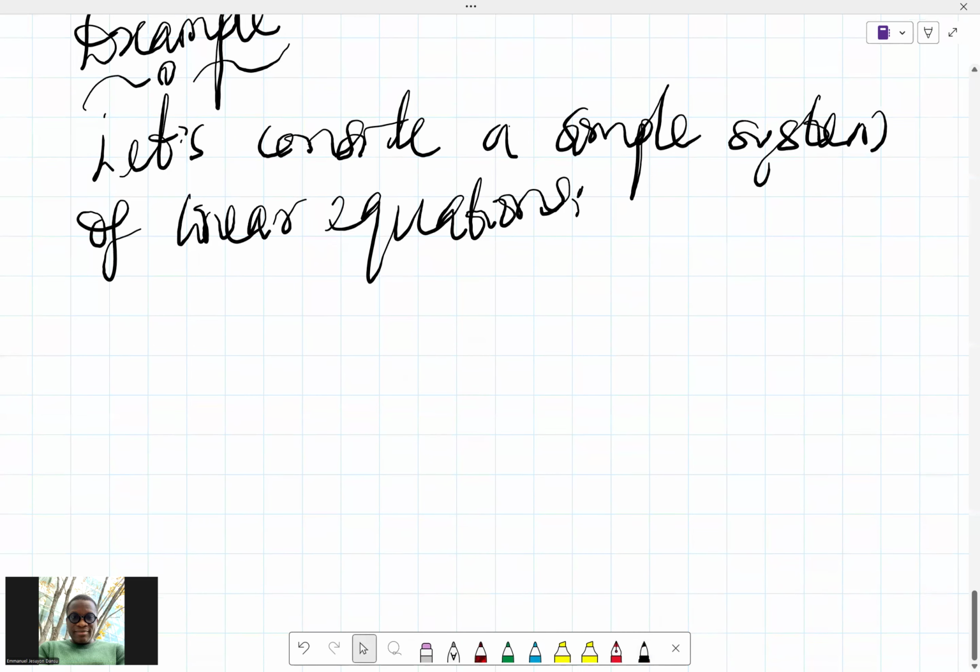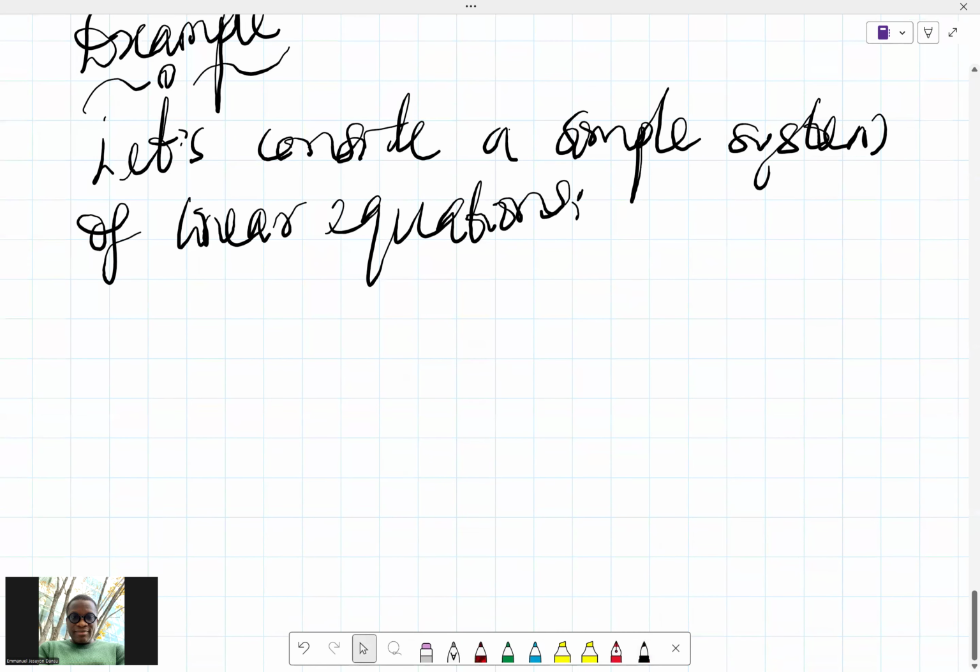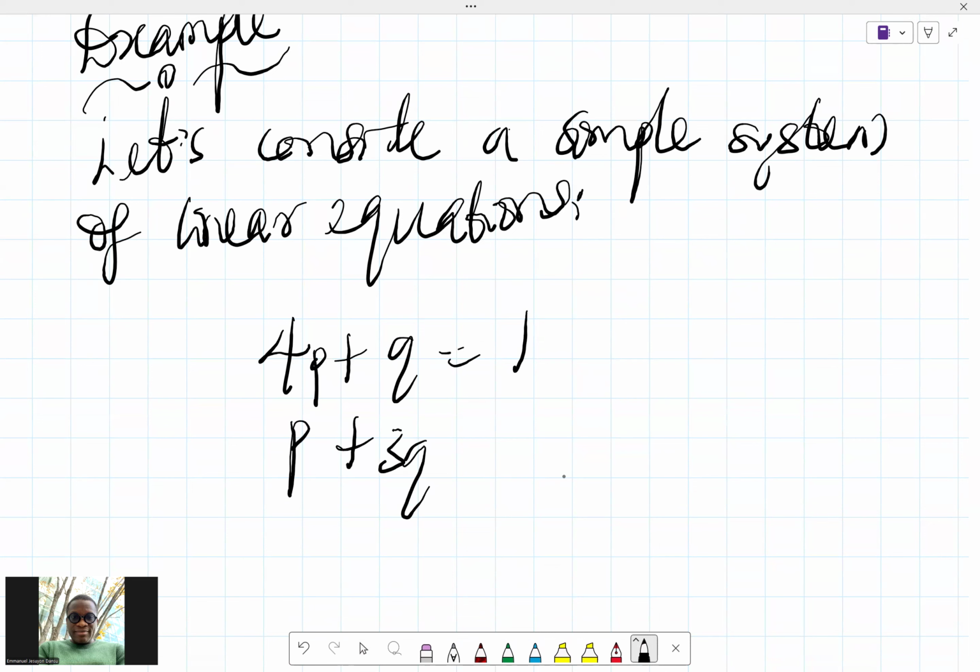Let me say this is 4p plus q equals 1, then p plus 3q equals 2.